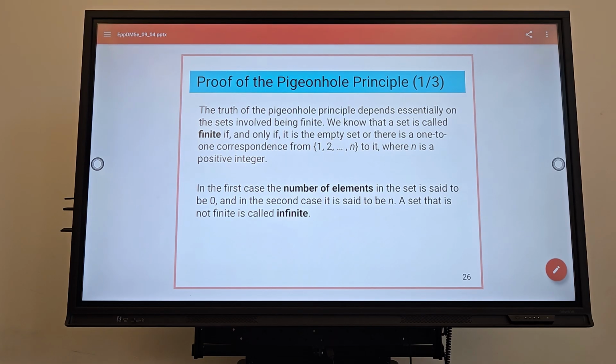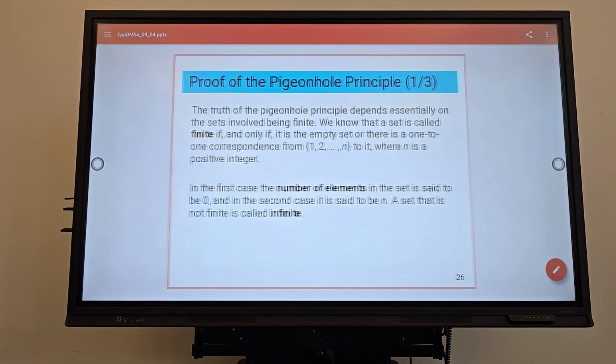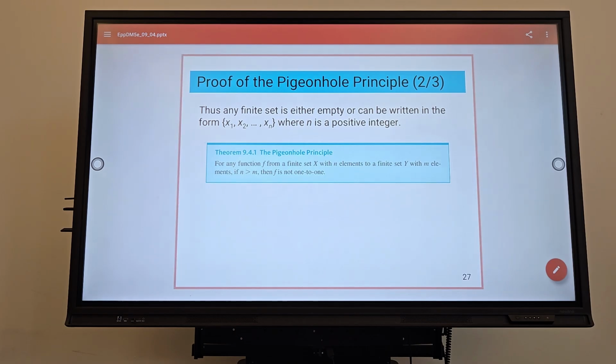In the first case, the number of elements in the set is said to be 0, and in the second case, it is said to be n. A set that is not finite is called infinite. Thus, any finite set is either empty or can be written in the form {x1, x2, ..., xn}, where n is a positive integer.